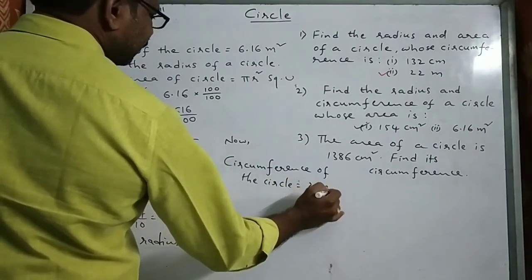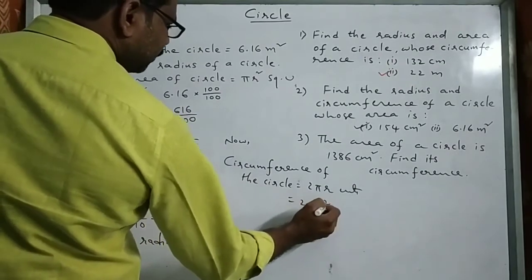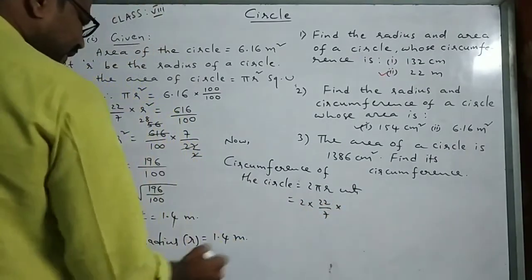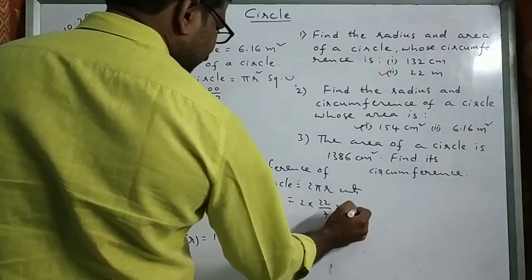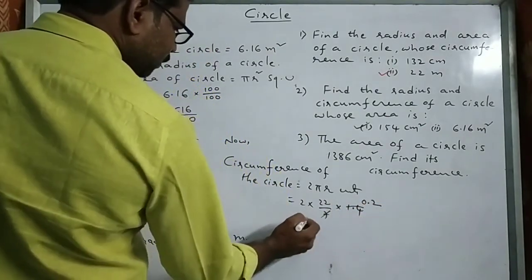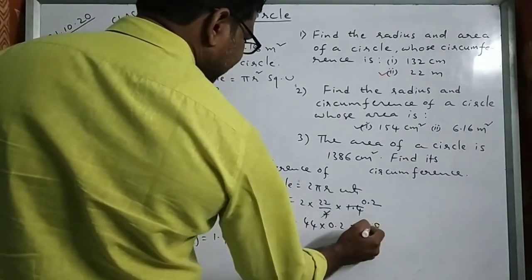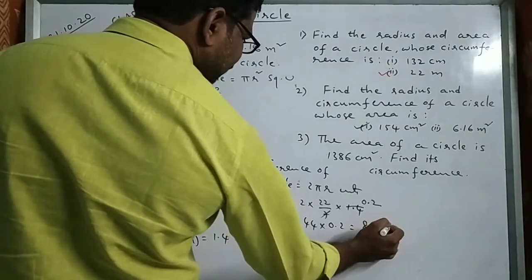2 pi r units. 2 into pi value 22 by 7, r value 1.4. 7 into 1.4 is 0.2, then 2 into 22 is 44, into 0.2. 2 4s are 8. One decimal place you have to keep.